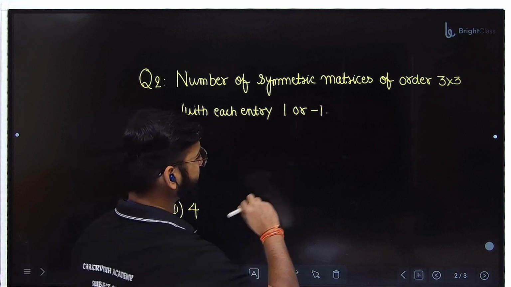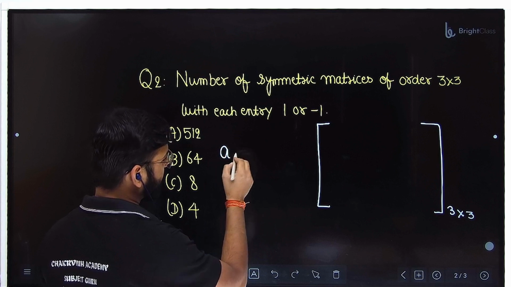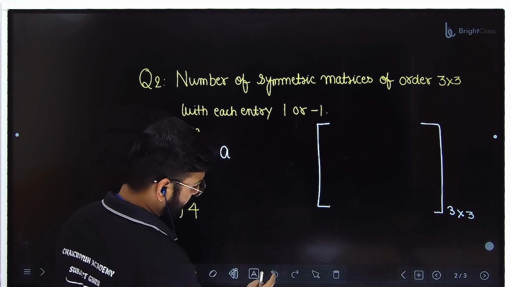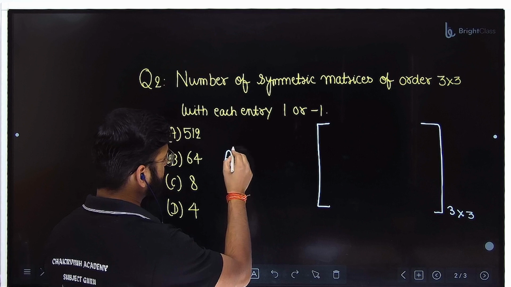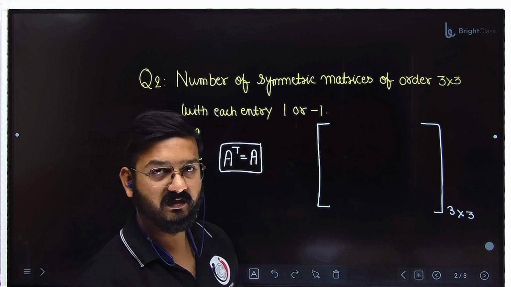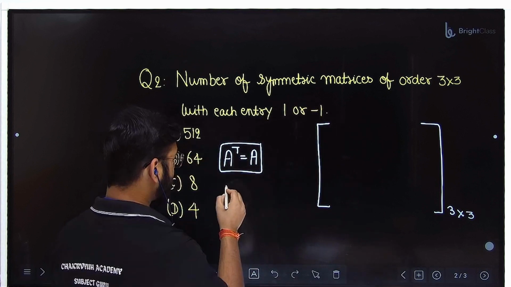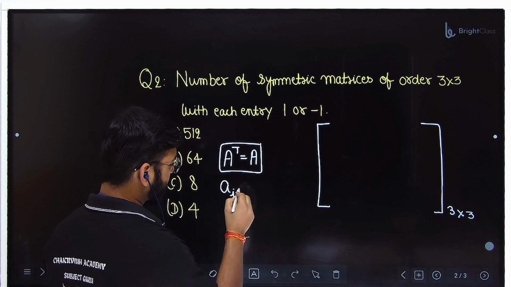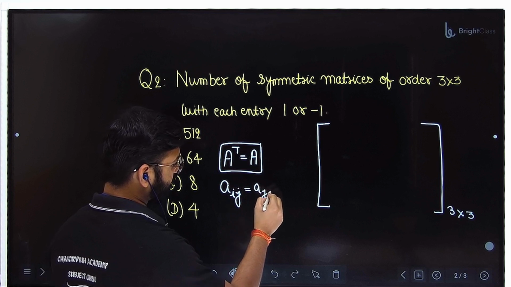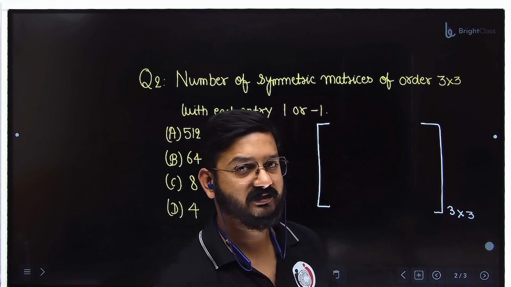Correct? Let's write a symmetric matrix. The transpose of a matrix should be equal to the matrix itself. That is the condition for symmetric. It means if I take any general element Aij, this should be equal to Aji, right? Transpose means rows and columns are interchanged.